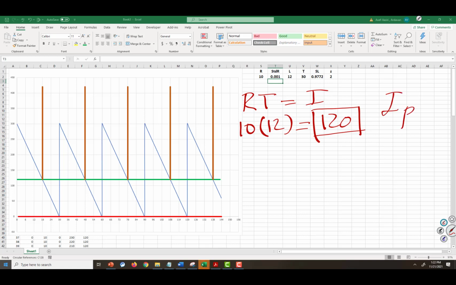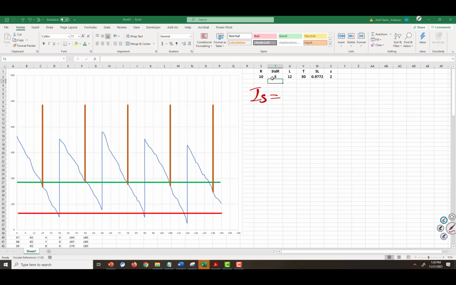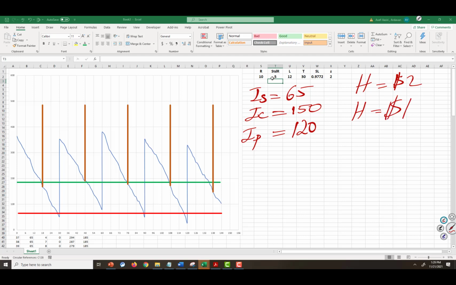I safety equal to 65, I cycle 150, I pipeline equal to 120. Suppose holding cost when it is in storage is $2 per unit, and when it is on the way, which does not include rent and the storage cost, it is equal to $1.